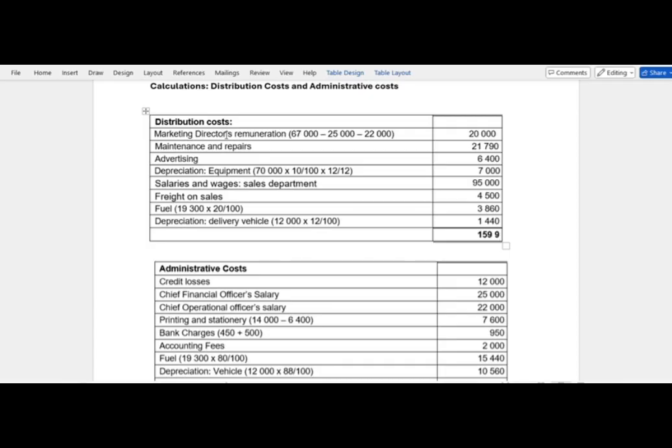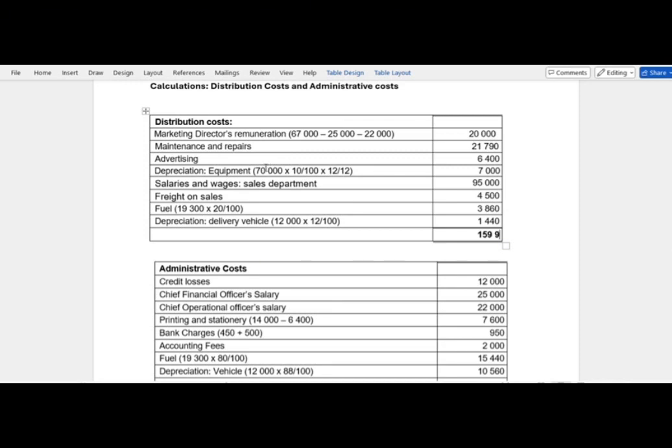So it was 20,000 plus 21790 plus 7,000 plus 95,000 plus 4,500 plus 3860 plus 1440.